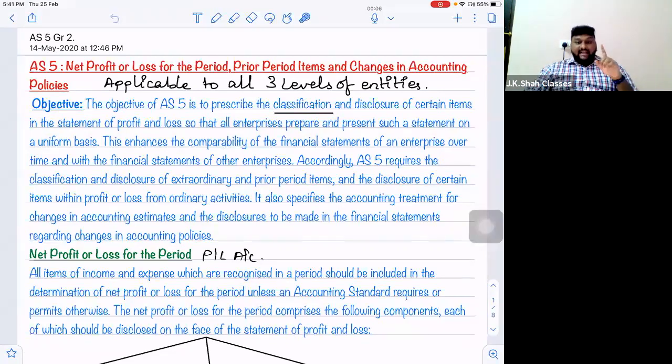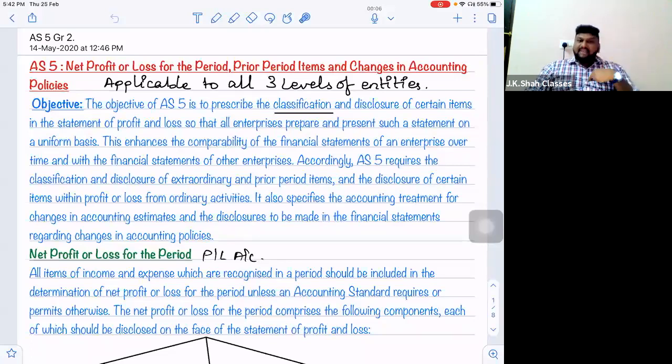Sir, if an error or omission took place in the previous financial years and those arise in the current year for rectification, then where will those incomes or expenses be recorded? Sir, it will be recorded in the profit and loss account only, but with a separate disclosure and a separate presentation. They are called prior period items.